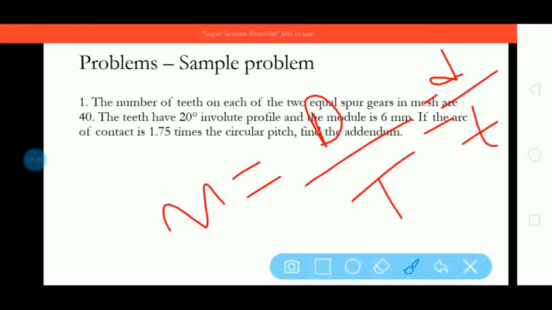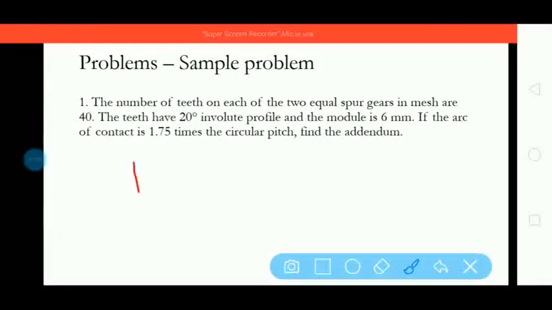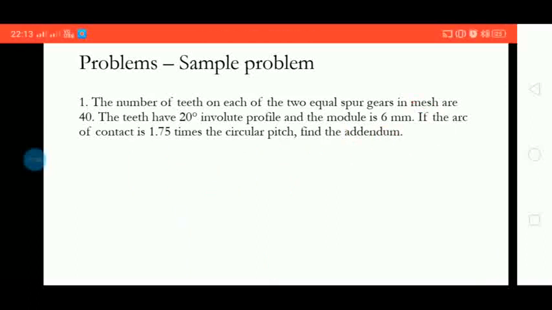Now you see from here, t is already given as 40, both are 40, and module is given as 6 mm. So what will be capital D? 40 into 6, 240 mm. Similarly, small d is also 240 mm. Therefore, we can write capital R equal to small r equal to 240 by 2, 120 mm. Clear?